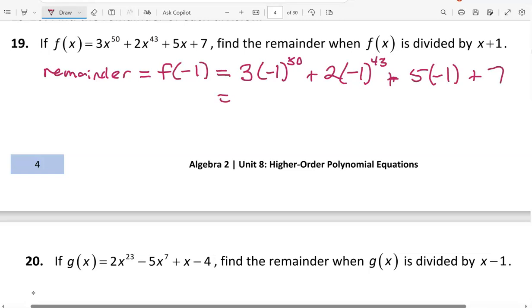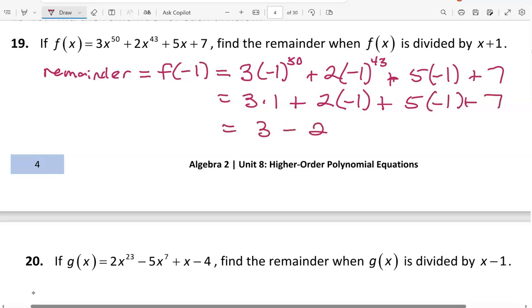When we raise negative 1 to an even power, the result is positive 1. When we raise negative 1 to an odd power, the result is negative 1. So now performing all the multiplications, we have 3 minus 2 minus 5 plus 7, and that remainder gives us a result of 3.